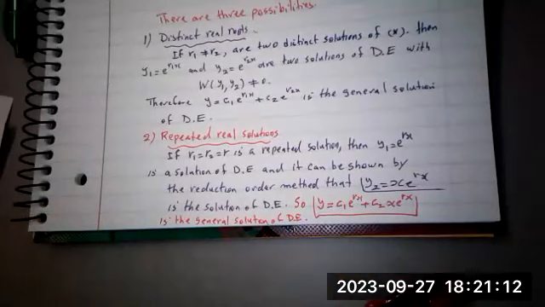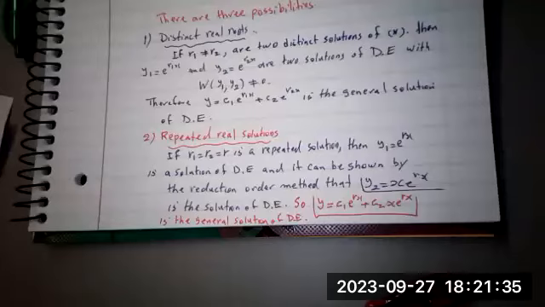Again, this is a second order. When it's a second order, this is going to be repeated only once. But you may have a higher order, and then you may have a solution that's repeated more times. You try to solve this equation, you factor it, you get r minus 1 cubed equal to 0.